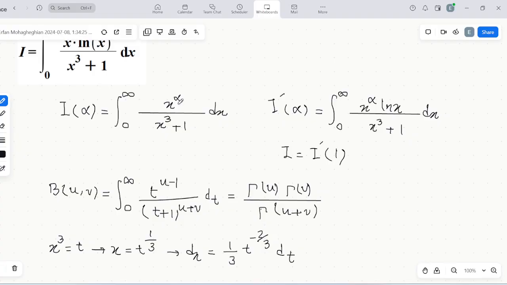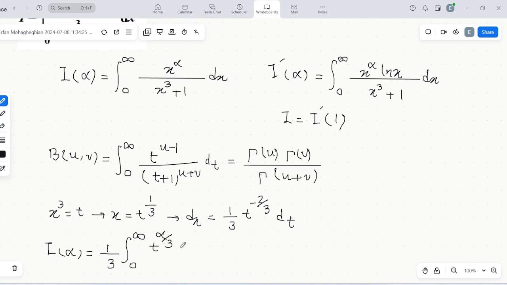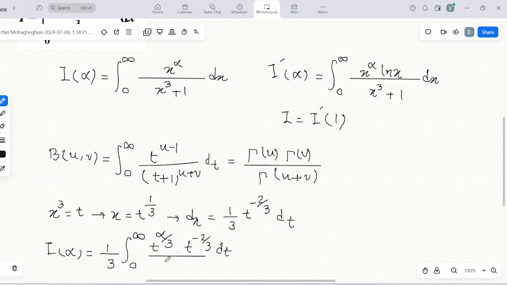So now I can write I of alpha as a t integral equal to, I'm going to pull that third out, and then the integral from 0 to infinity, we have x to the alpha, which is t to the alpha over 3, times dx, t to the negative 2/3 dt, all over x cubed plus 1, which is t plus 1.